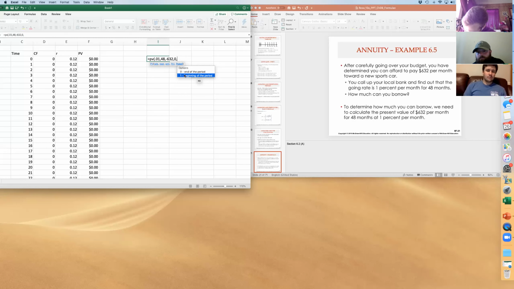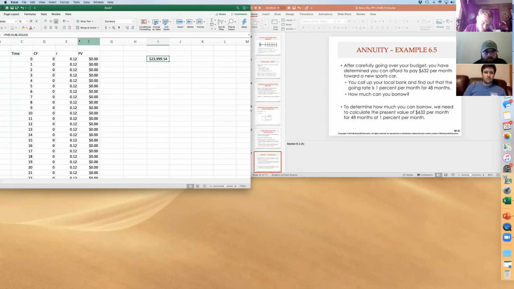That means now. Your first payment would be due at time period 0, right? So most loans are set up as ordinary annuities, type 0. And so you can type it in with a type 0 and close it up, and you'll get the same answer. So it's really close to $24,000 is the amount of money you could borrow.